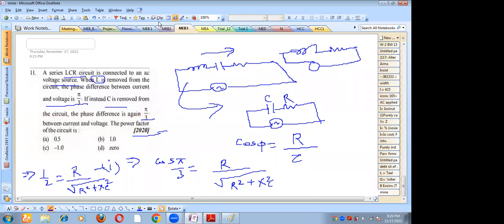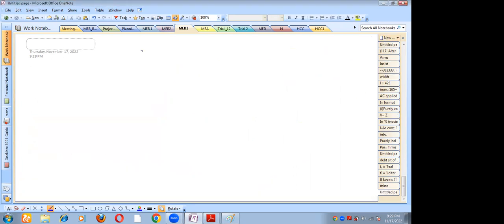Are you getting it, Krishna? In the case of an LR circuit, cos phi will be equal to R upon root of R square plus XL square. Instead of XC, we write XL square.